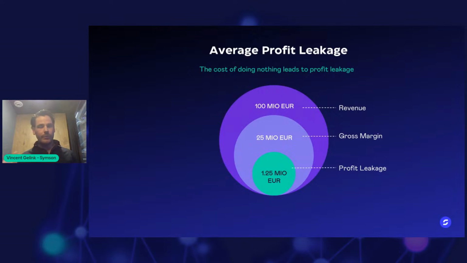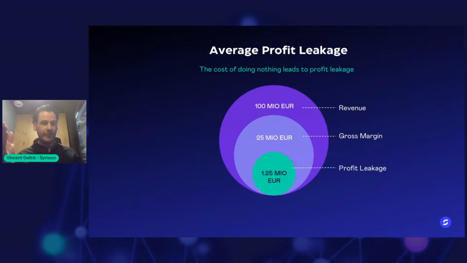So then we want to talk, obviously, first about the business case. What is the average profit leakage that we see within a business if they are not able to position themselves well, if we only take the perspective of price sensitivity?